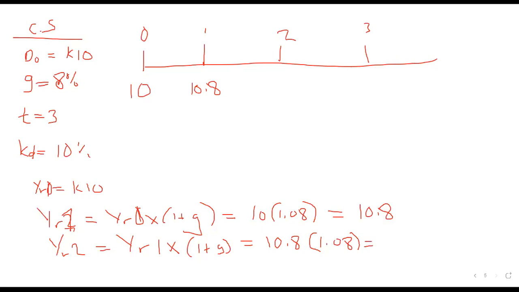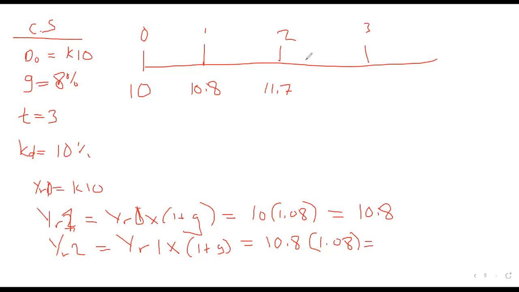What are we trying to calculate here? We're trying to find the dividends for each of these years, then find the present value, which is the stock value for the first 3 years. We are getting 11.7 for year 2.